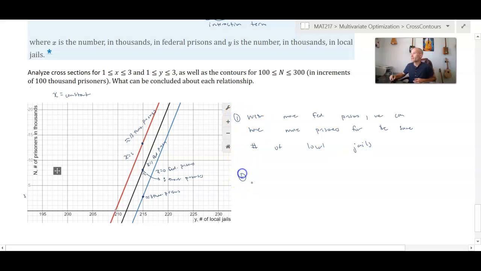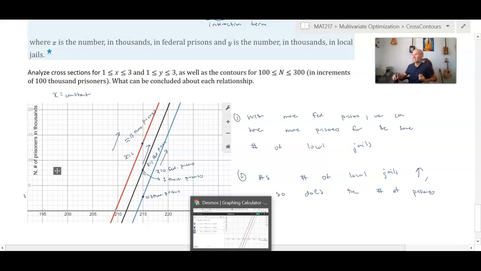We can also say that as the number of local jails increases, so does the number of prisoners, right? Because the more local jails we have for that fixed number of federal prisons, well, with only 1 federal prison, there's only so many prisoners you can have in those federal prisons. So we're here relying on increasing the number of local jails. We can see that in all of these instances, the number of prisoners goes up.